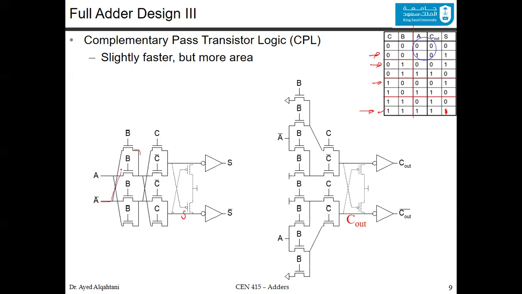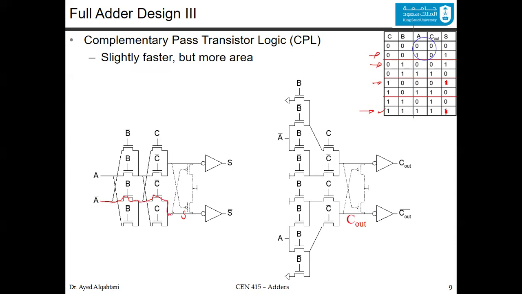So you did it for this term like this. For this one, this is what we got. Now for this one, it's A bar, B, and C bar. So it's A bar, B, and then C bar, which is this one.